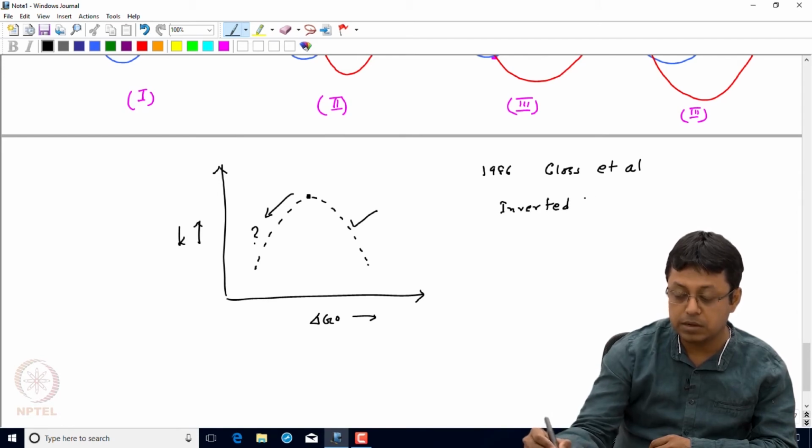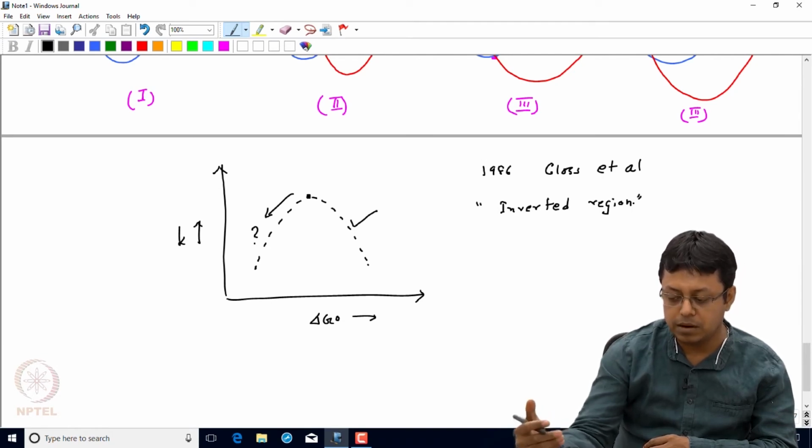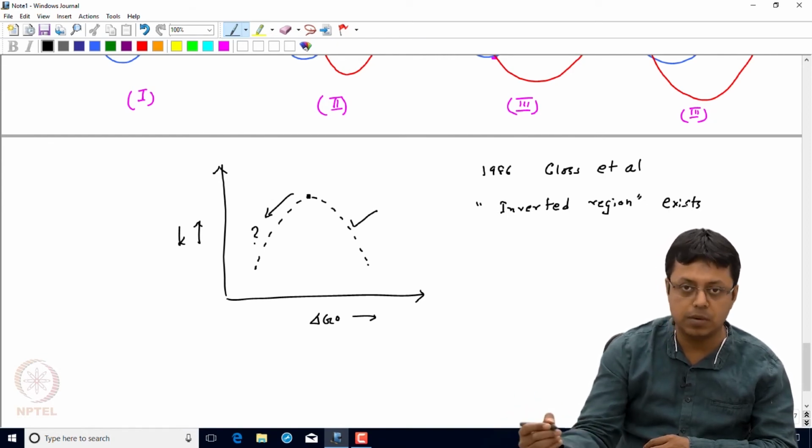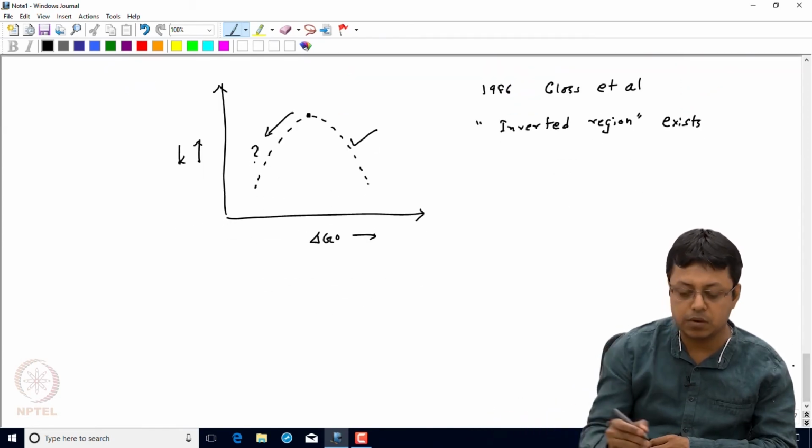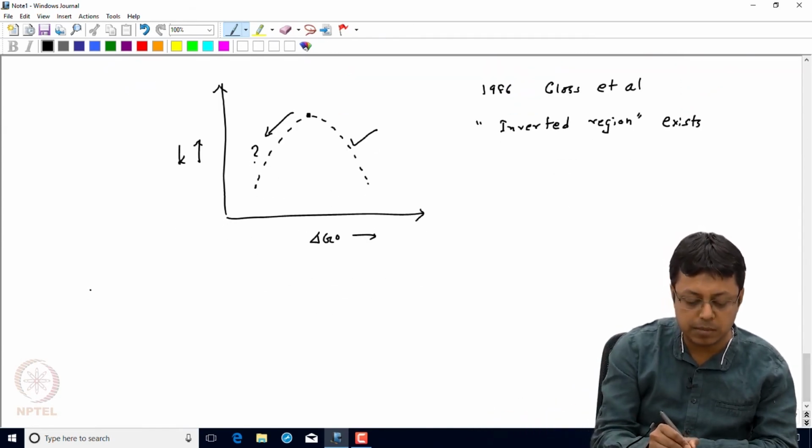Marcus had predicted that the inverted region exists, and they found it experimentally. And then in 1992 Marcus was given the Nobel Prize in Chemistry for this fantastic work. So let us summarize what we discussed under this section.